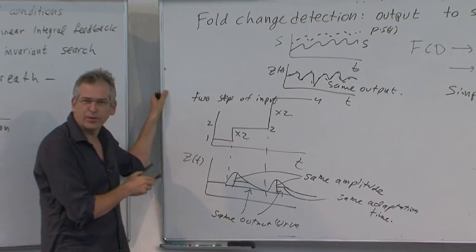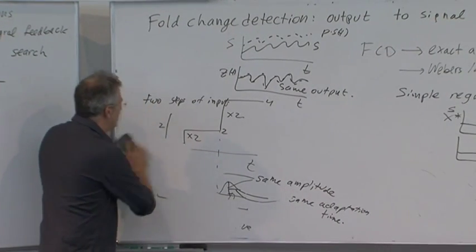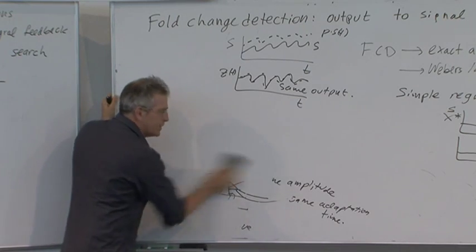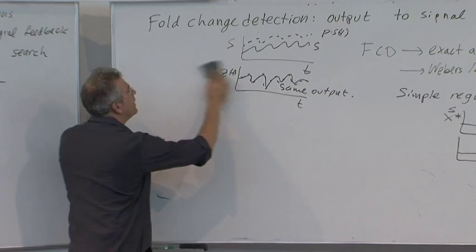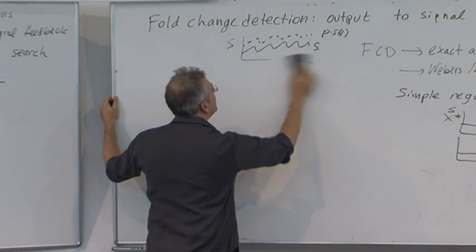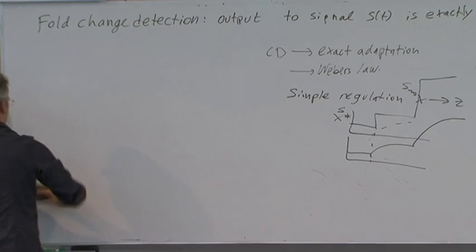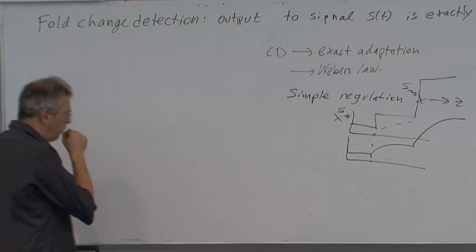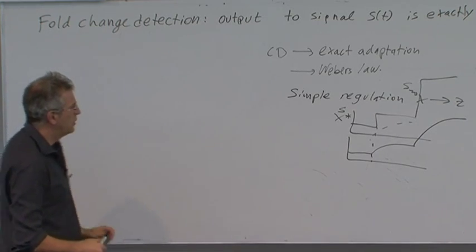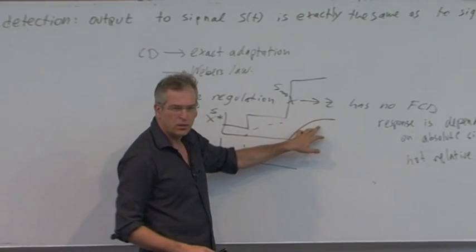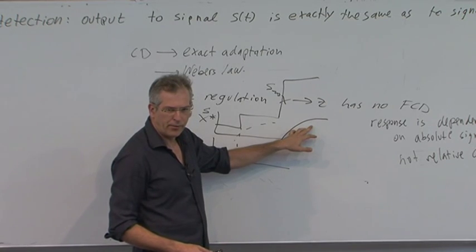So is it okay to erase already? There's a question. The question is, why do you have to have exact adaptation for fold change detection? You could have the same graph but shifted upwards, and it would still respond to the fold change, but it won't return to the same level.